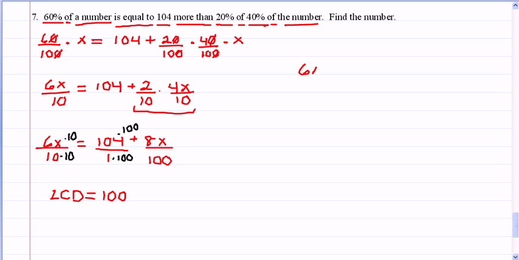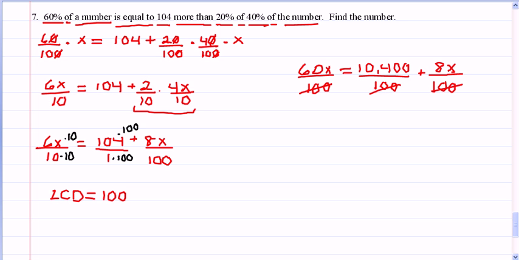And 6x times 10 is 60x over 100 equals 104 times 100 is 10,400 plus 8x over 100. So when you have an equation with fractions, get all of the denominators to be the same so that you can cross them all out.